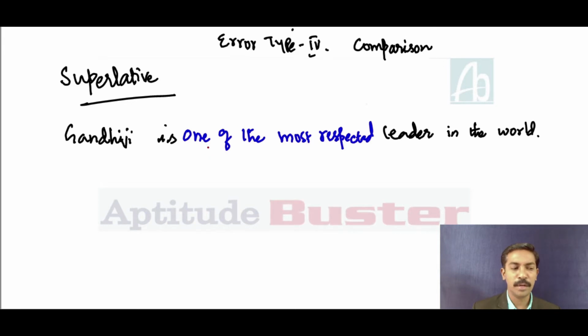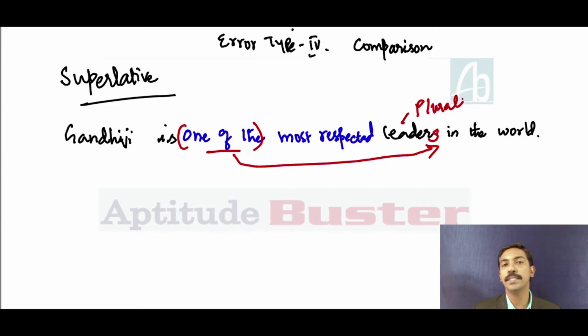The clue that you have to pick is when you have one of the in the sentence, just observe closely the corresponding noun. One of the most respected, it should be leaders. Whenever you have one of the, it itself suggests that you are referring to one among the group. So the corresponding noun should be in plural form.